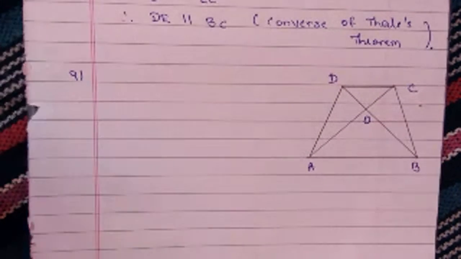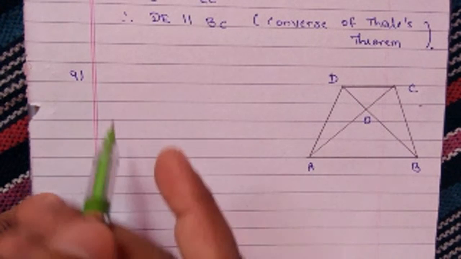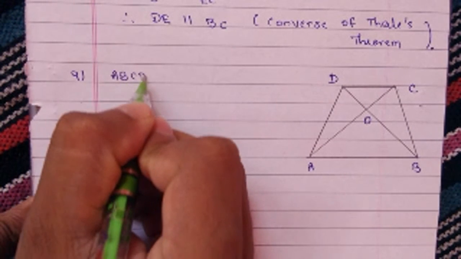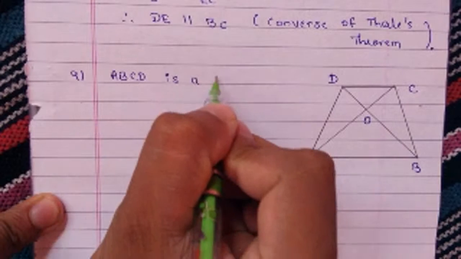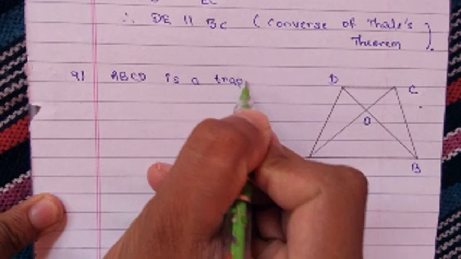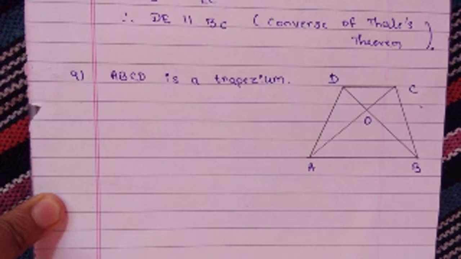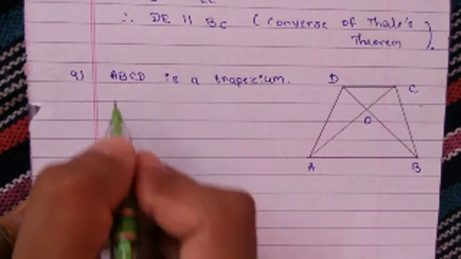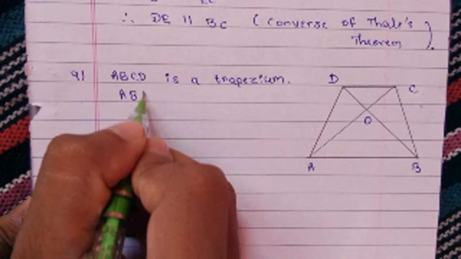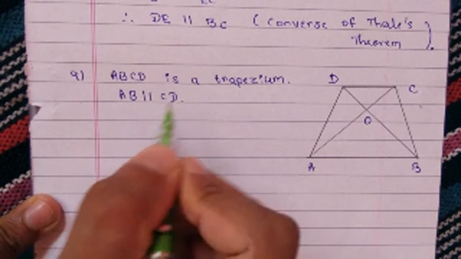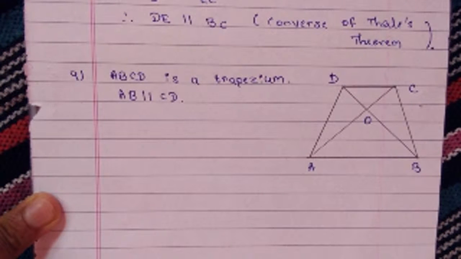First I will write the given data. ABCD is a trapezium. In that, AB is parallel to CD. This is the given data.